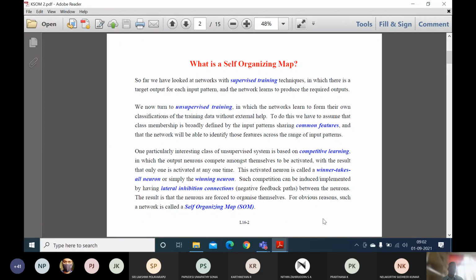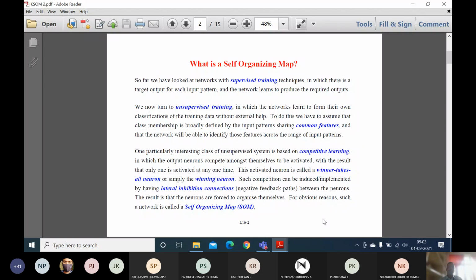And the next one is associative memories like auto association, hetero association, then your Hopfield network, all these things we saw in module number 1 and module number 2. We call all these architectures as following the supervised training algorithm pattern.